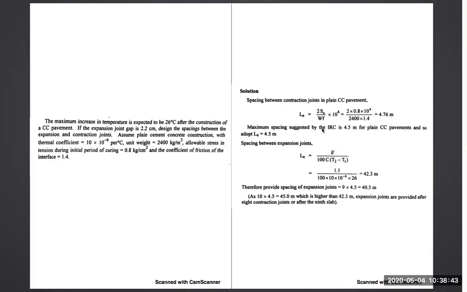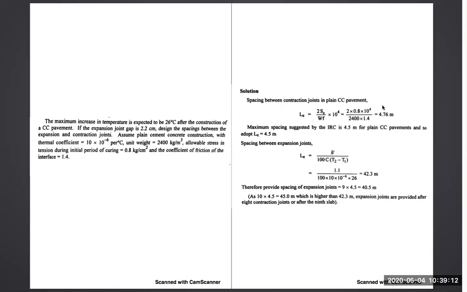So here there is one guideline from IRC which says that maximum spacing suggested by IRC for contraction joint in plain cement concrete should be 4.5. So it is exceeding 4.5, then that's why they have adopted LC as 4.5 meters. Okay, we have got more than this, we have taken this as 4.5 meters.